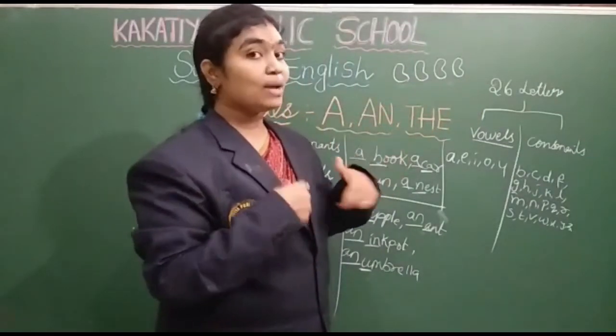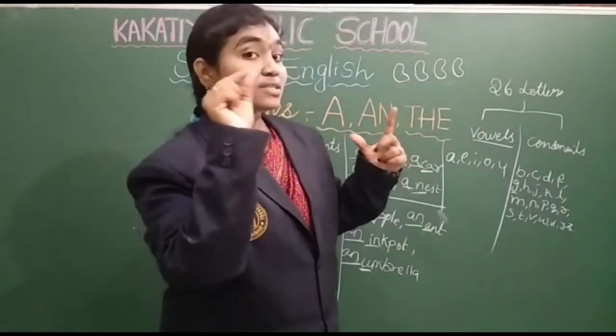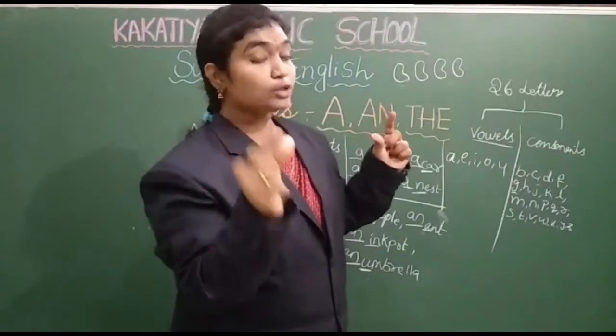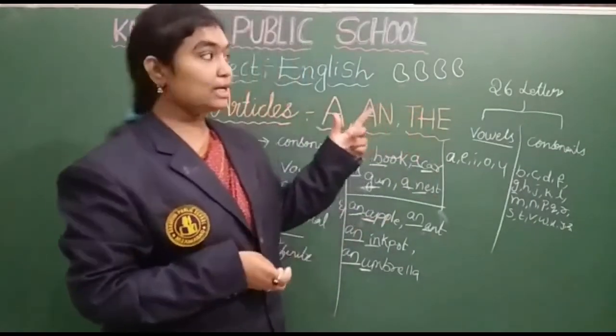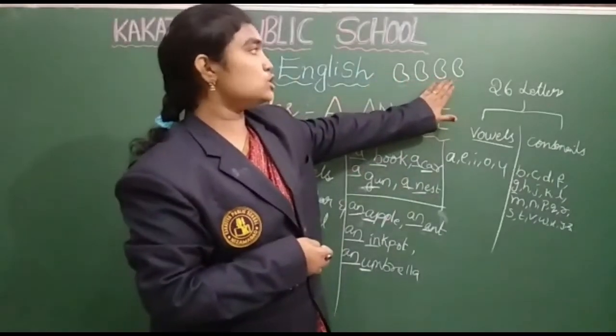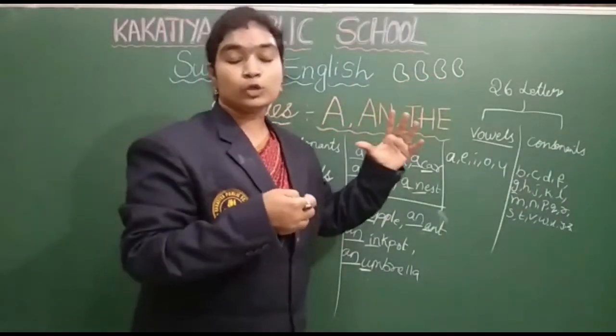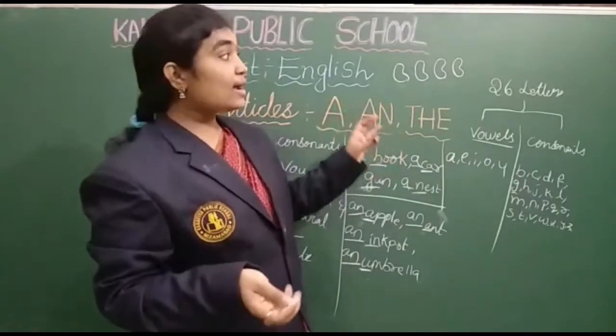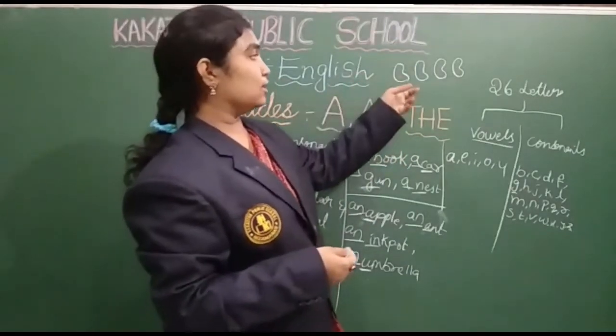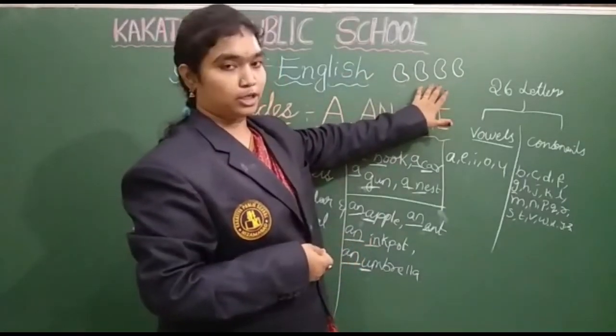Why am I saying a mango? Because mango is a noun beginning with a consonant sound, so we are using A. Is it clear? In these 4 mangoes, I want a mango to eat. I'll ask in this way, a mango to eat.